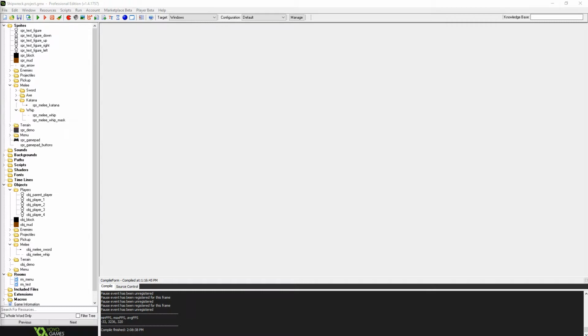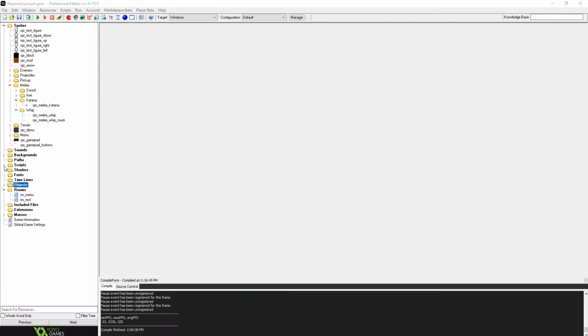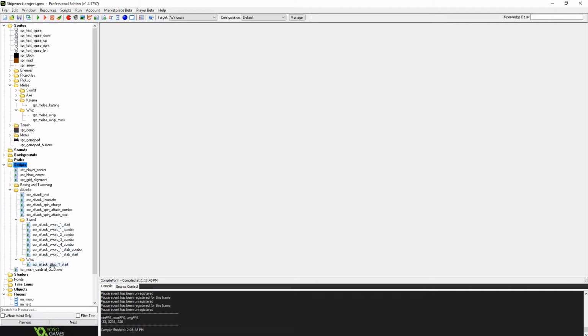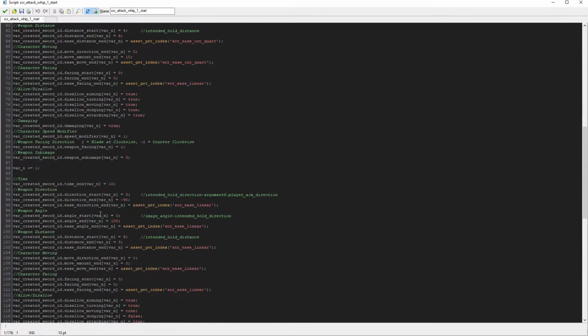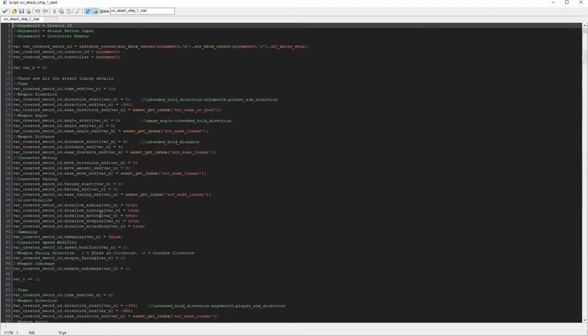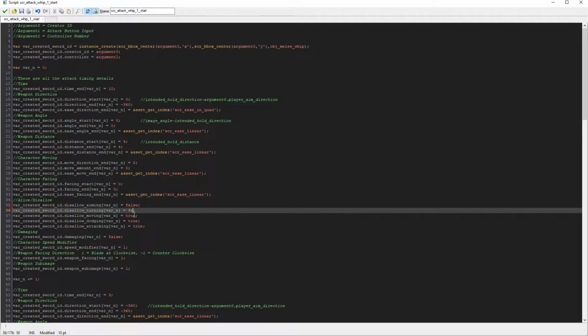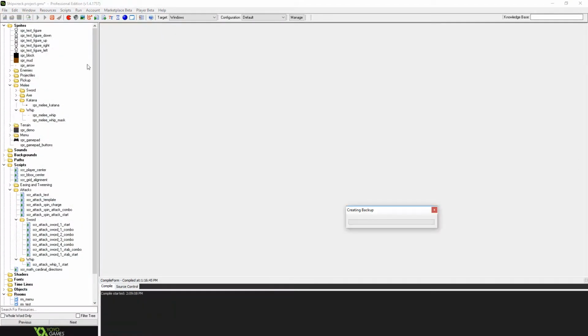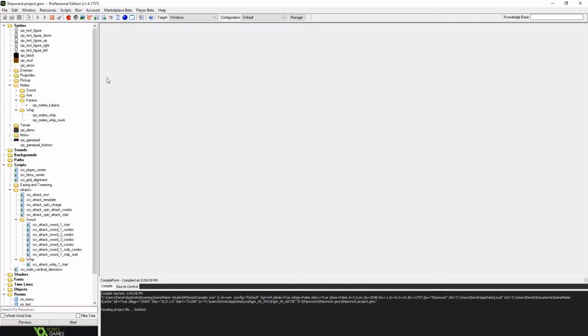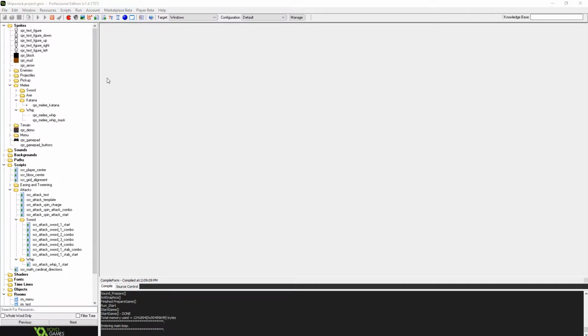Real quick, I'm gonna fix one thing. Slow aiming, false. Slow turning, false. So we're allowing them both. Might look a little funny though.